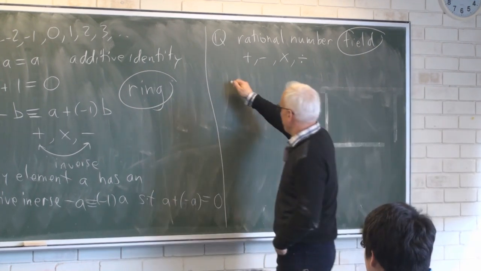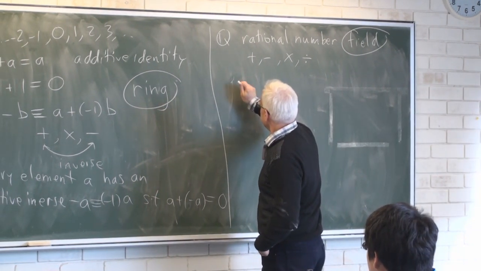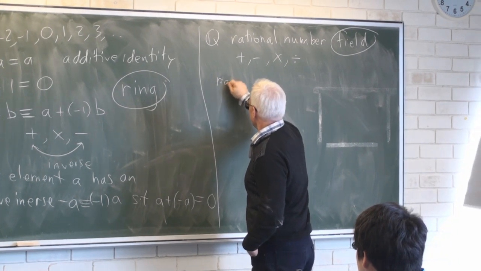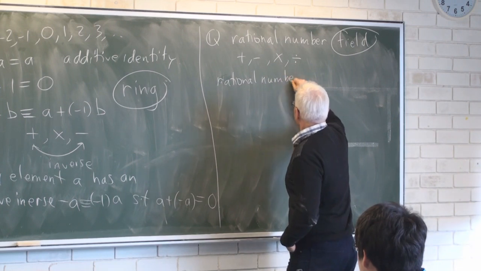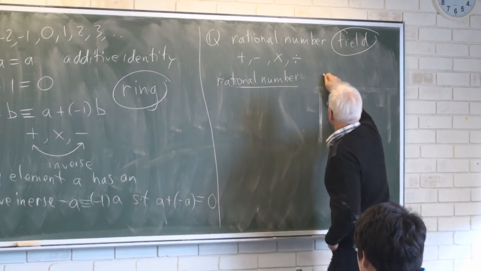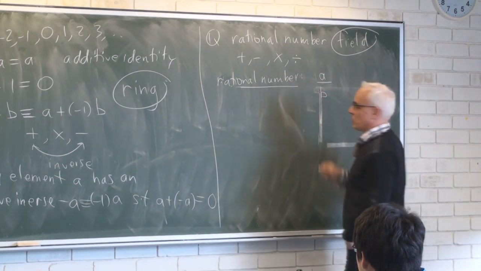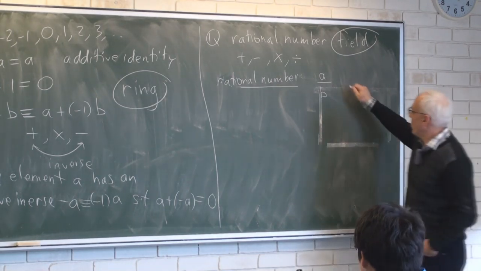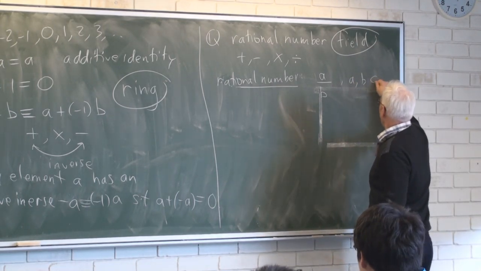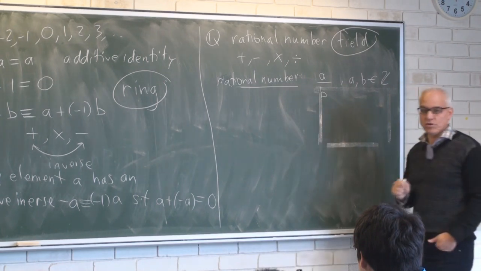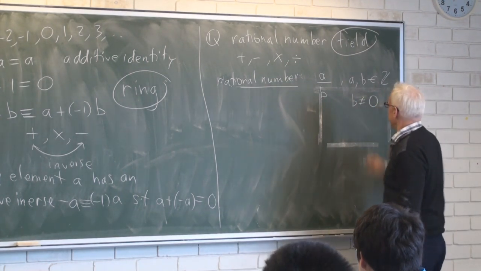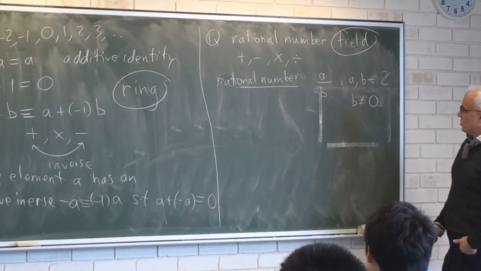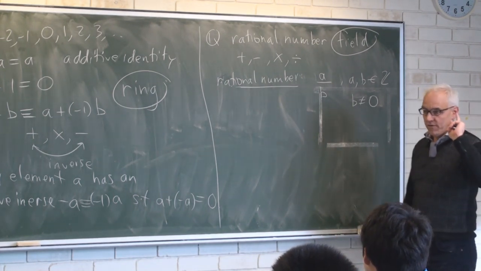Okay, so what is a rational number? Well, the definition of a rational number, one can think of it many ways, but we're going to just think of it as an expression of the form a over b, where a and b are integers, and b is not equal to 0, together with the particular notion of equality.